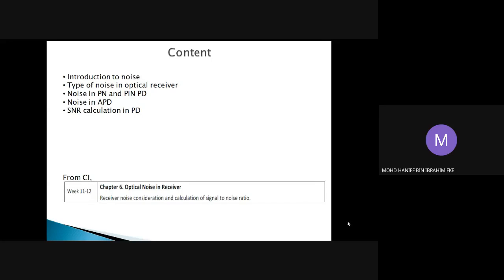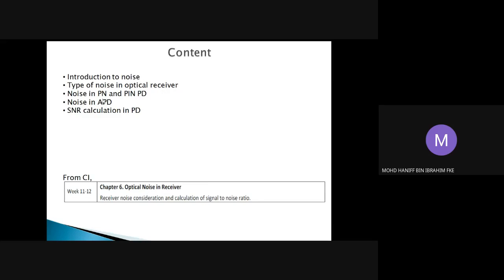So up to this, noise in PN and PIN photodiode. In last week's lecture we have learned about the introduction to noise, and also the types of noise in optical receivers.